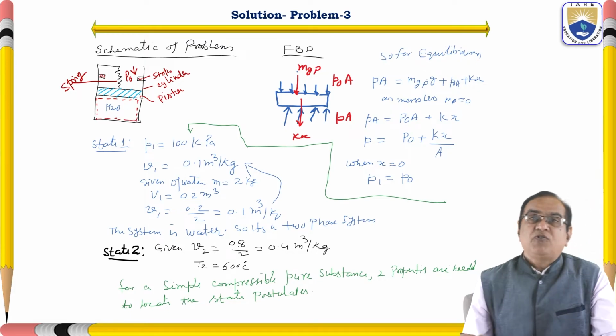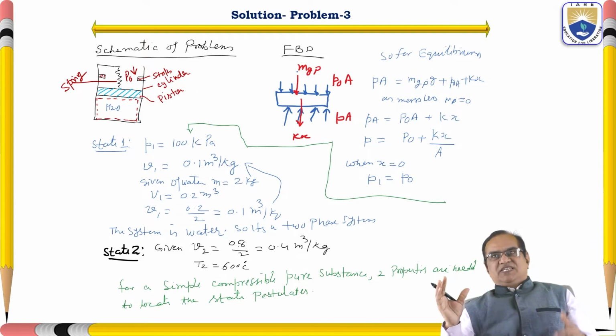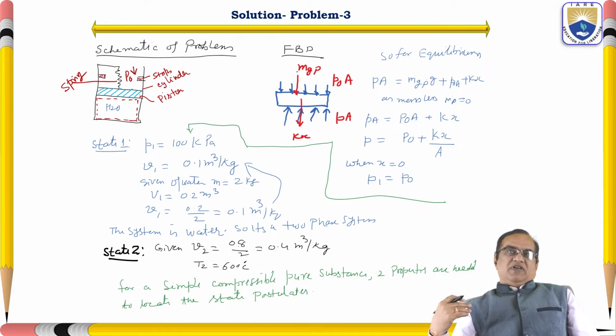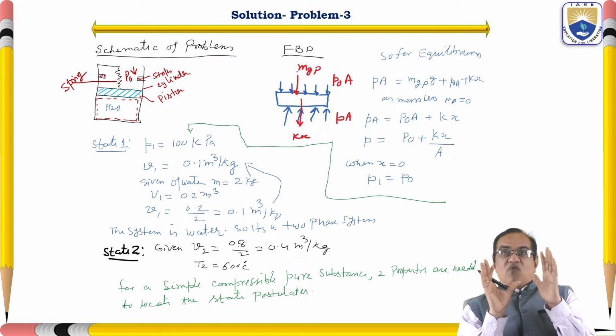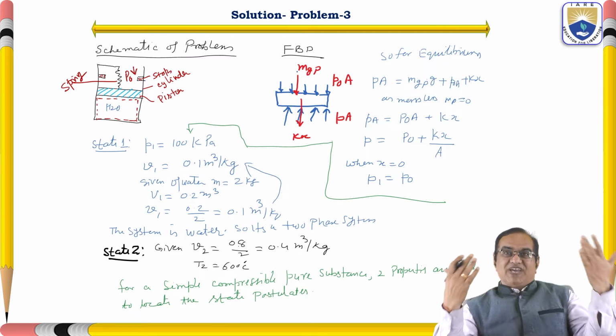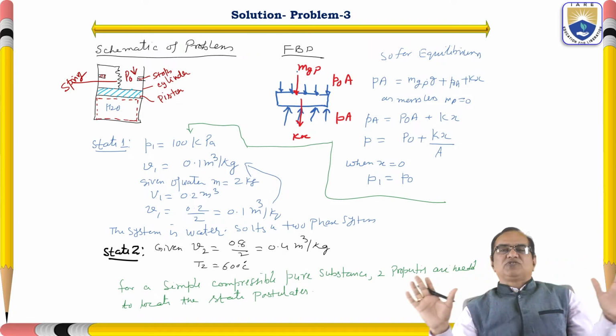We first have to see what type of system this is, whether we can use the steam table or go for direct calculation with the ideal gas equation, whether that is possible or not. From here itself, the system is water, and because of phase change as per the pressure and temperature, we cannot use the ideal gas equation.